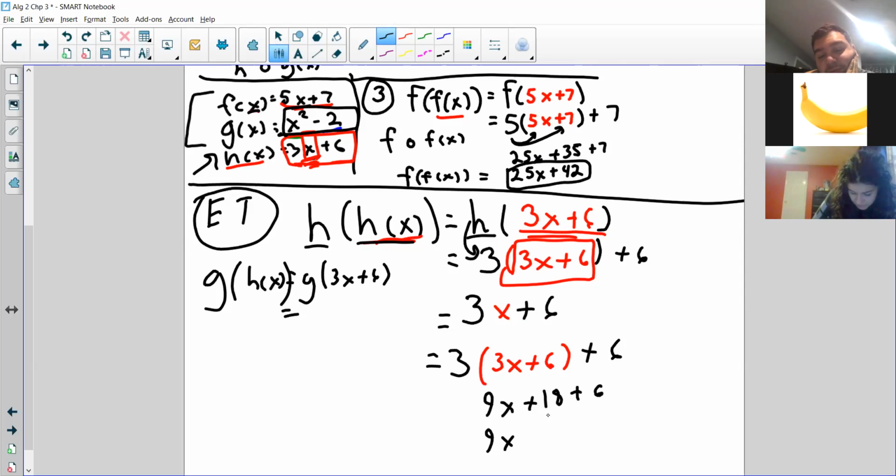No, those aren't like terms. What are like terms here? The 18 and 6 are like terms. Okay, and that becomes 9x plus 24. You're just combining 18 plus 6. That's your final answer. That equals h of x.